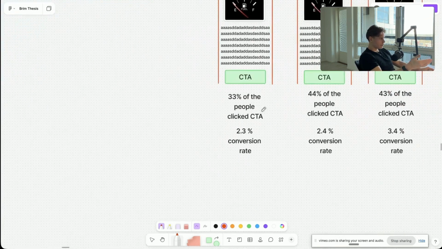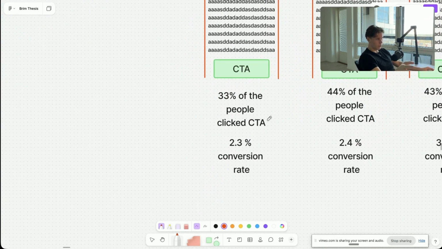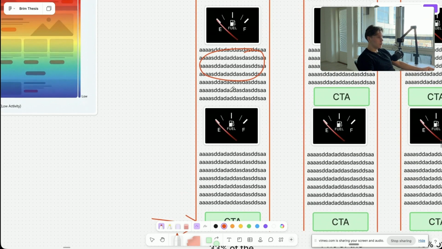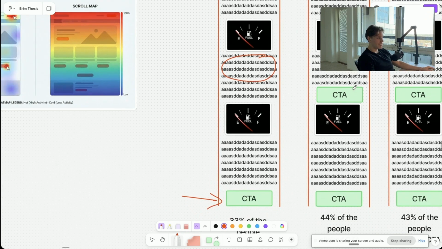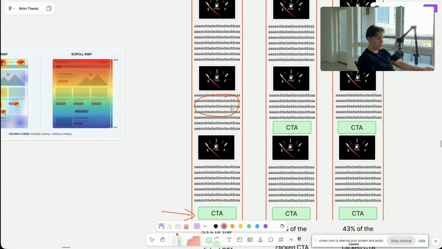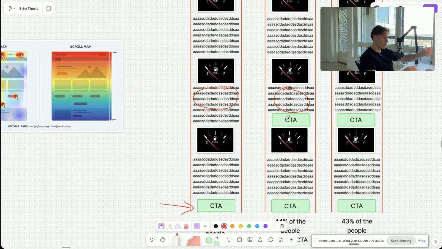And here's the stats after a week. 33% of people clicked the CTA, so scrolled down here, and the conversion rate was 2.3. Now, next week, let's add a CTA here. Same everything, but let's add a CTA where the people paid attention, because maybe they are getting warmer and warmer and they already want to buy.